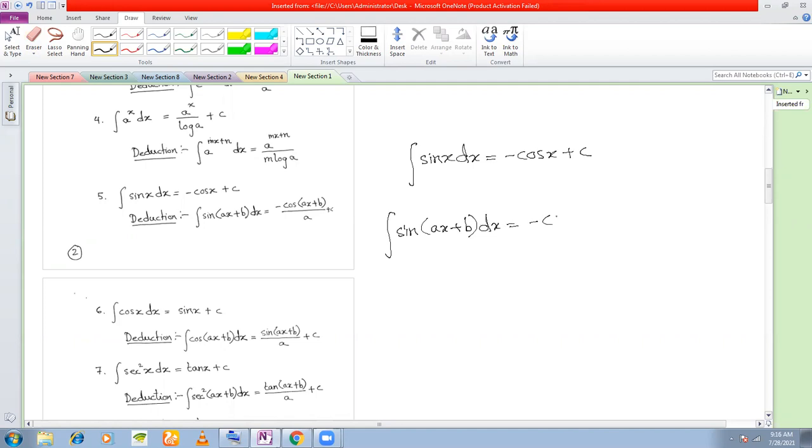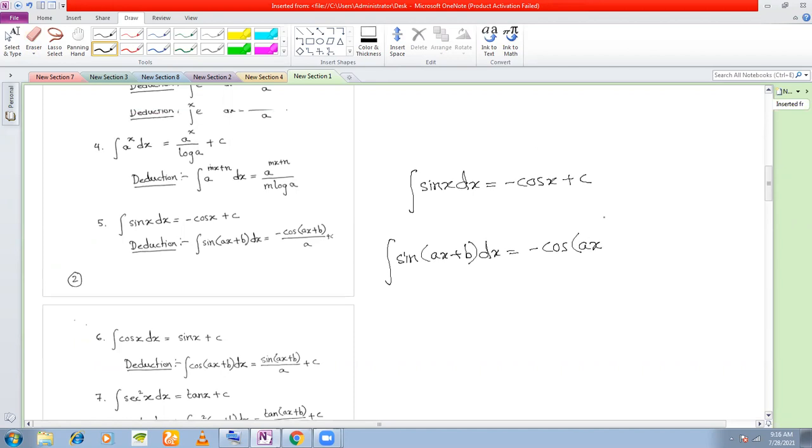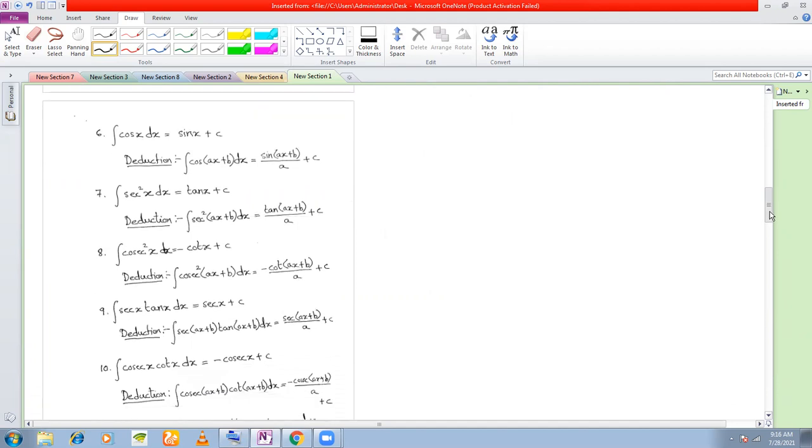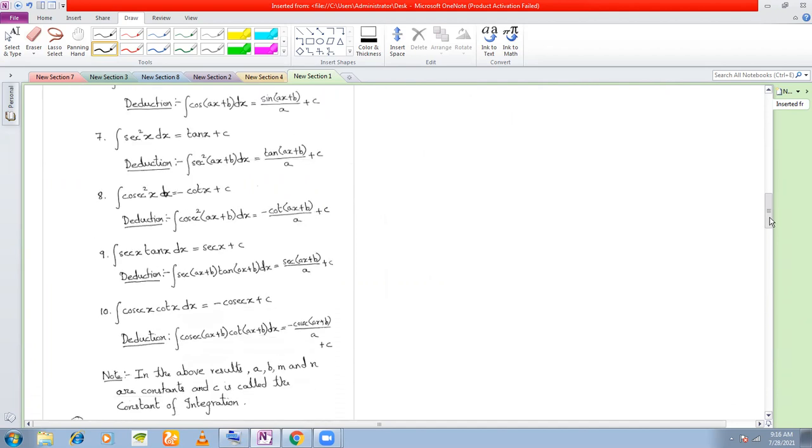We'll write minus cos and we'll treat ax plus b as if it is x. So minus cos of ax plus b divided by the derivative of ax plus b, which is a, plus c. This works for sin x, sec square x, cosec square x.